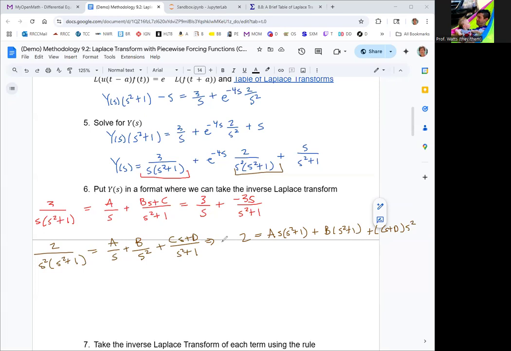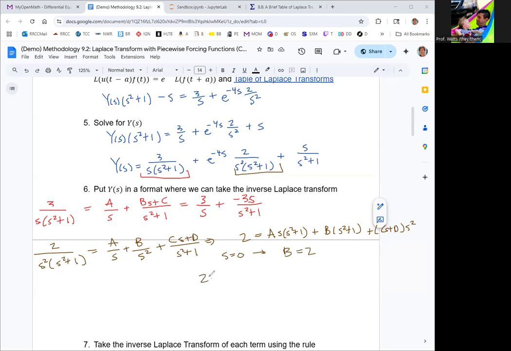And we can pick specific values of s here as well. Again, picking s to be 0 is kind of the only one that's helpful. And if s equals 0, then you just have the b part, and it'll tell you that b equals 2.